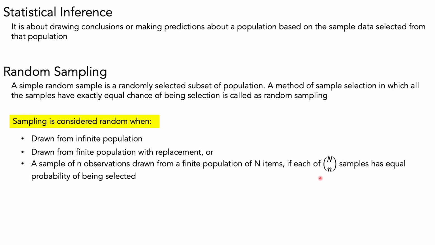This represents all possible combinations of the sample of size n in the population of size capital N. So if all of those combinations of observations can have equal chances of being selected, then we call that sample a random sample.